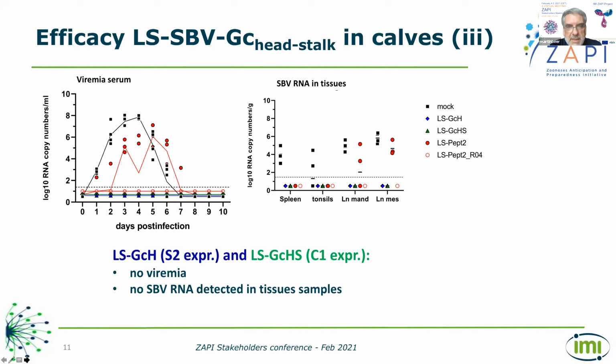So no viremia, and I think even more important, no SBV RNA detected in tissue samples. Normally you find later on, for example, in the tonsils, in the lymph nodes, you find RNA. This is not in the ones getting the head or the headstalk construct. So a very high level of protection, which we can call a sterile immunity. Next slide, please.